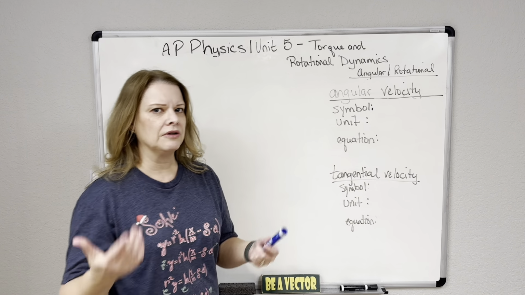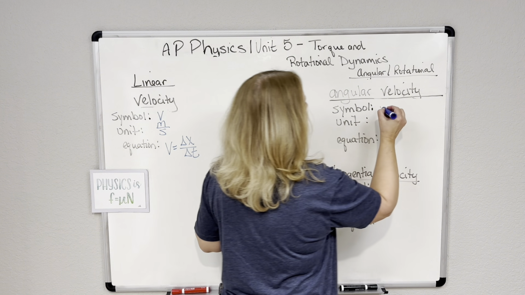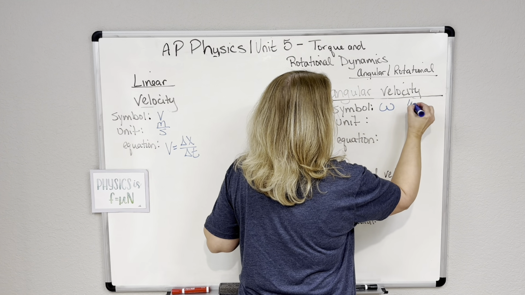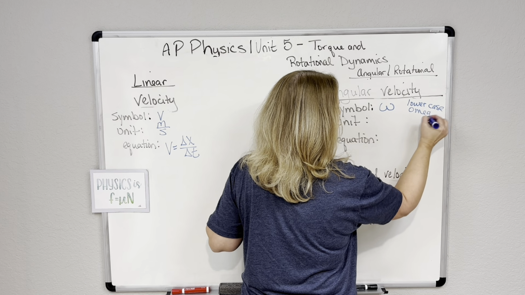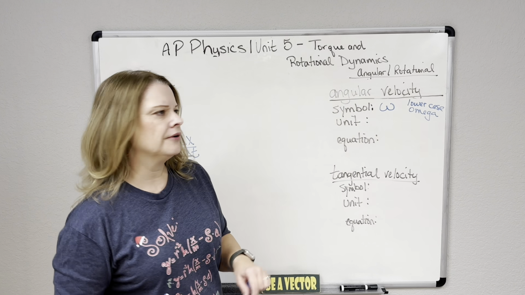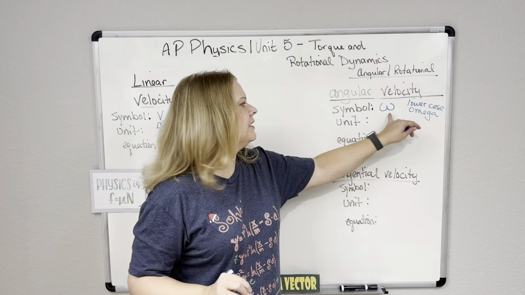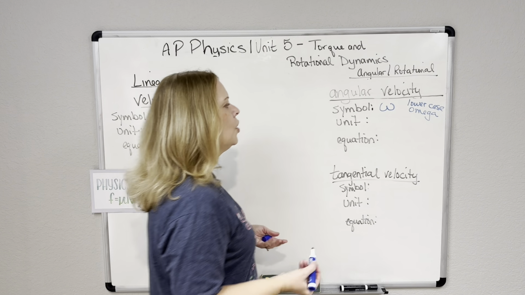Remember, it's all Greek. There are a lot of Greek letters here. The symbol is a lowercase omega. Just like the English language has uppercase and lowercase letters, so does the Greek alphabet, and this is the lowercase omega.